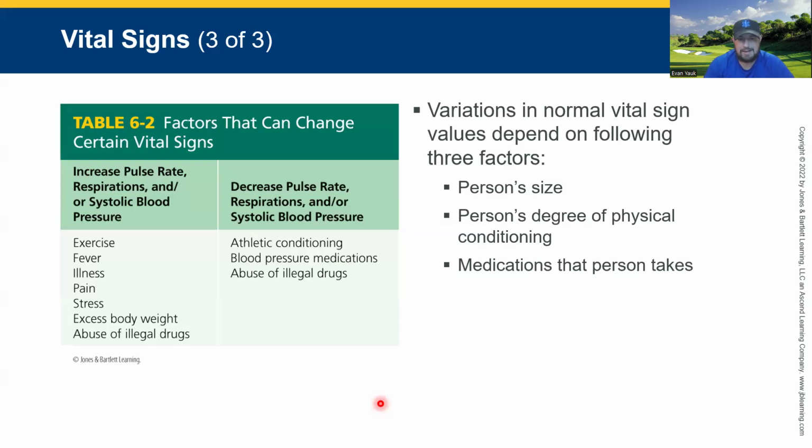The reason for athletic condition, I just want to touch on that real quick, is because they are physically in good shape, so everything is working better. They're able to maintain longer than other people can, if that makes sense.